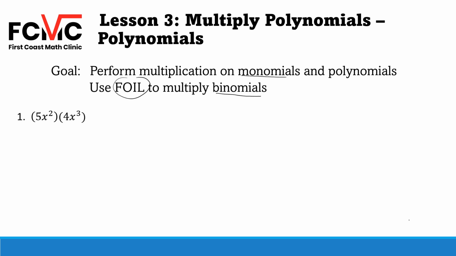So here we've got 5x squared times 4x to the third. When we multiply this, we want to multiply our coefficients, so the 5 and the 4, and we're going to multiply the variables, x to the second and x to the third.